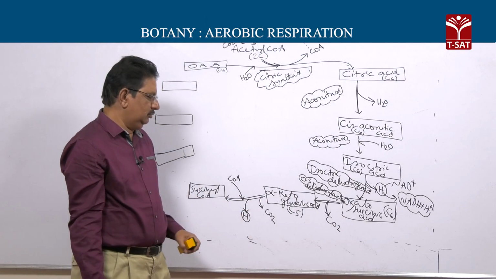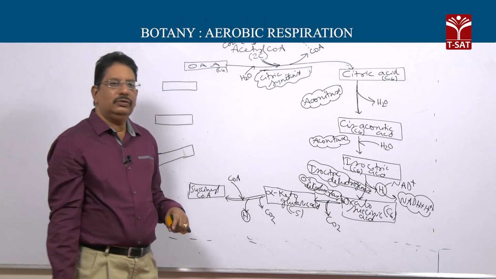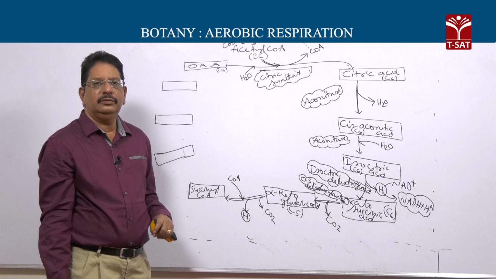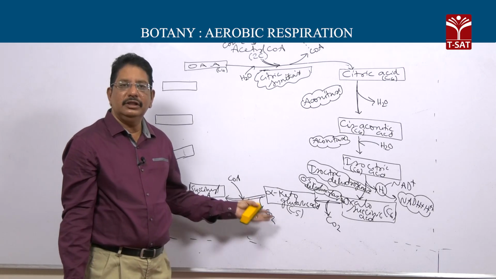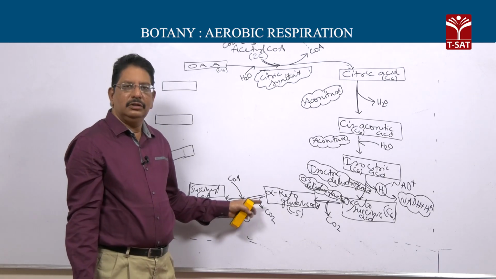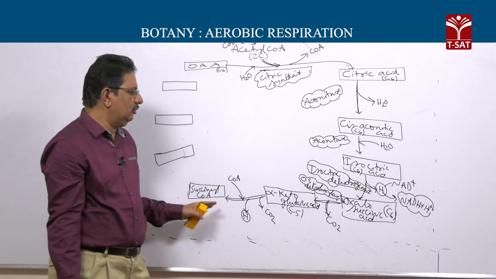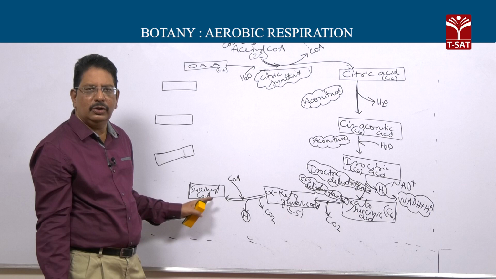Decarboxylation only, condensation only, dehydrogenation only, all the above. So, definitely all the above. There are complex conversions between alpha-ketoglutaric acid and succinyl coenzyme A.